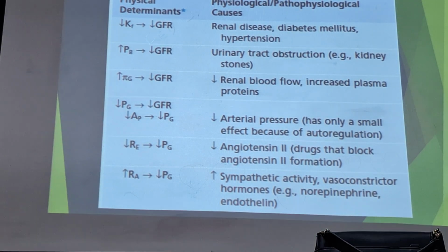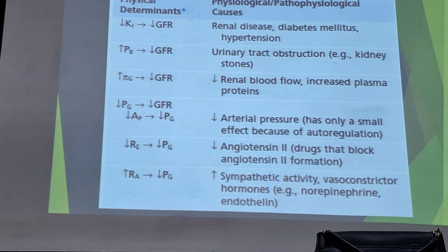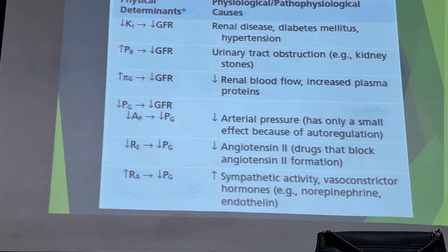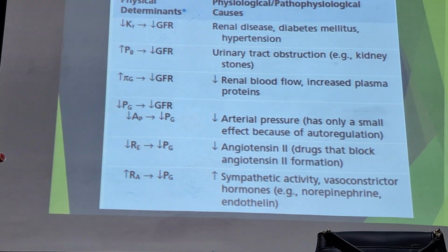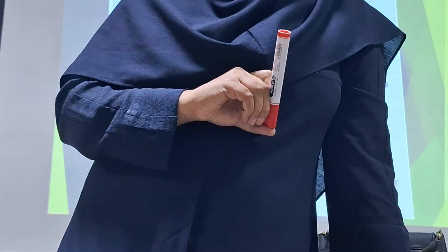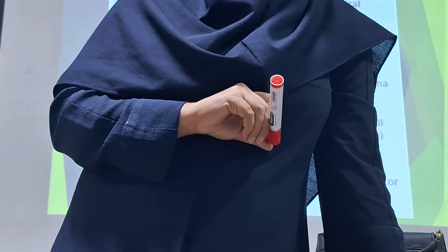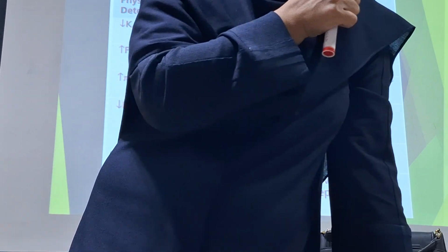A student answers: when renal blood flow decreases, the plasma proteins aren't moving that much, so they collect more in that area and increase the osmotic pressure of the glomerulus, which decreases the GFR. Okay, thank you.